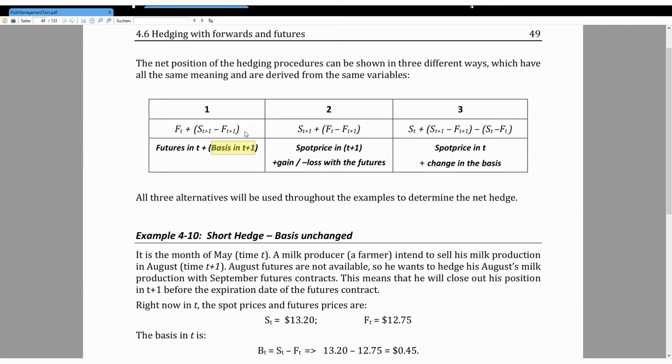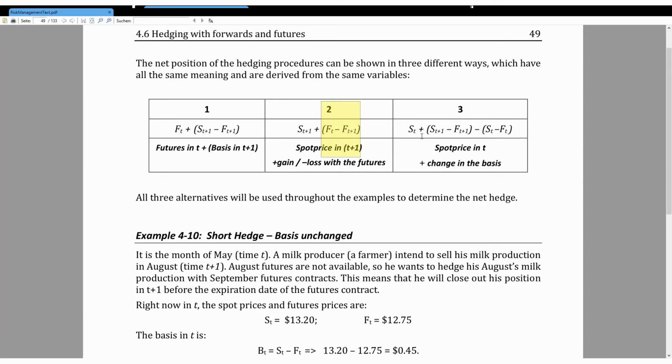But we can also show it like that. It's the spot price at time T+1 plus his gain or minus his loss from the futures position. That would actually be the most intuitive to understand. He's buying or selling at price S_T+1, and then he's making or losing something on his futures position.